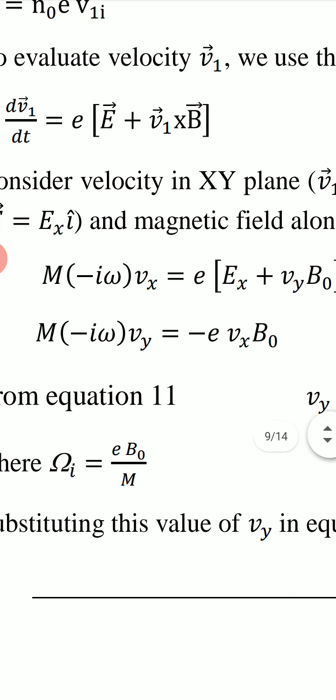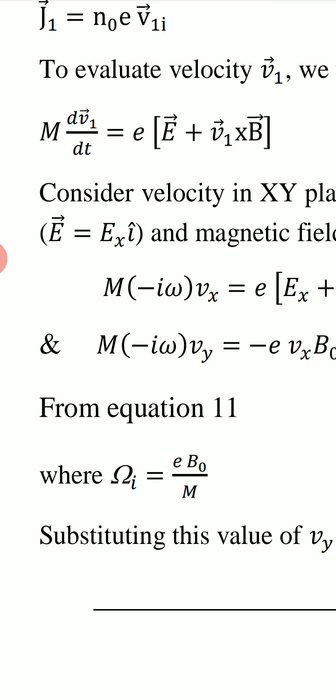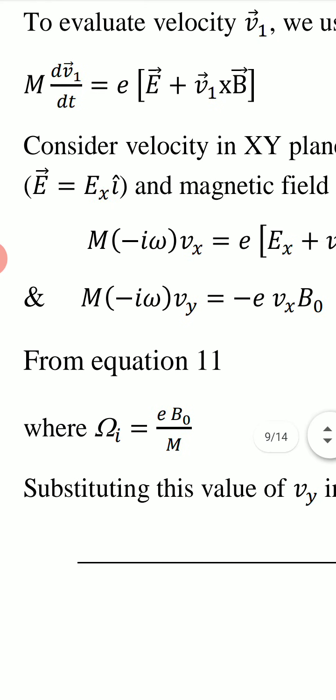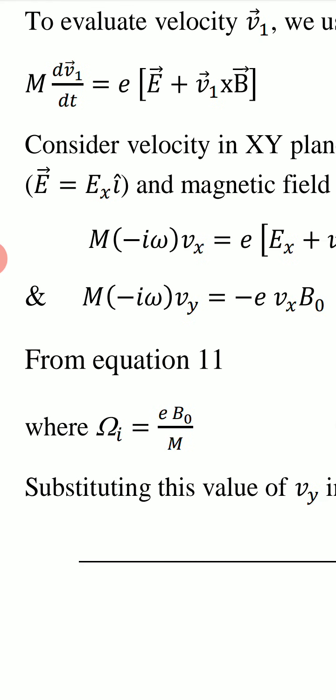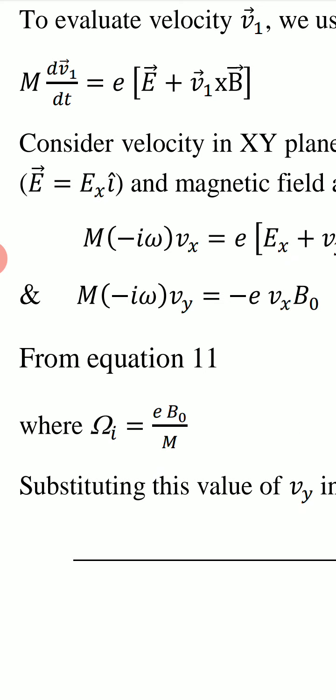Put all these values in this equation of motion for ion, and we get two equations for x and y components. In the left hand side, the x component is m into minus i omega into Vx, where minus i omega is for d/dt, differentiation with t.